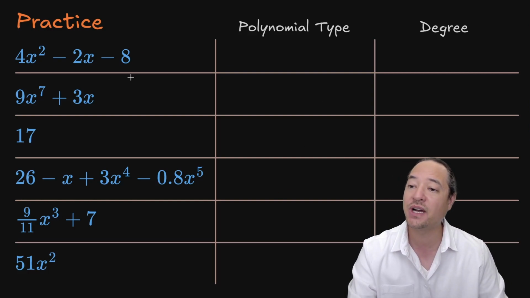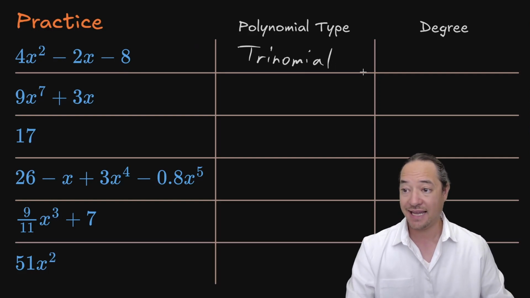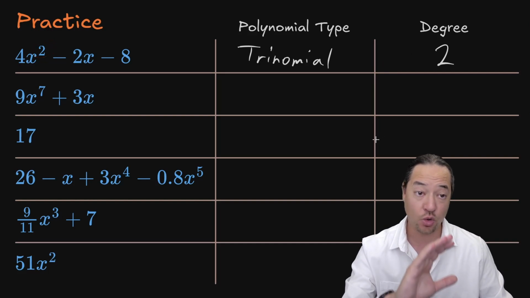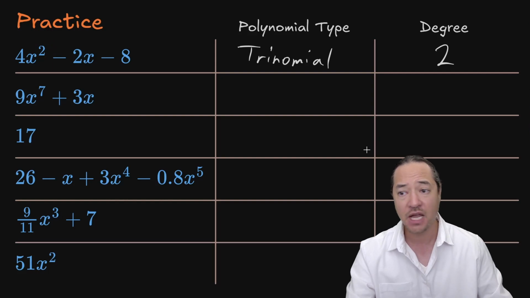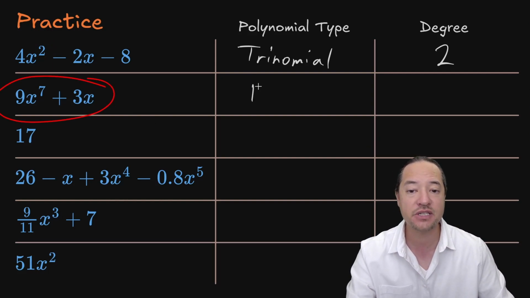So for this first one, we have 3 terms, so this is going to be a trinomial. And the highest degree here is going to be this 2, so we'll just say this is a degree 2 polynomial or a quadratic polynomial. This next one looks like it only has 2 terms, and so this must be a binomial.